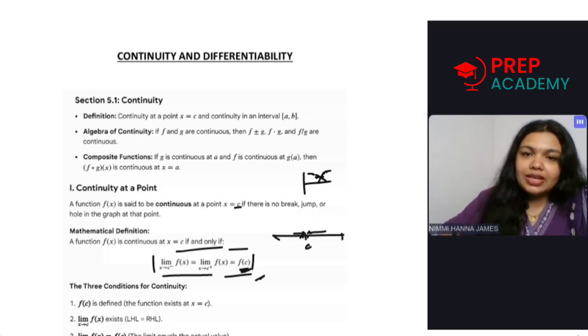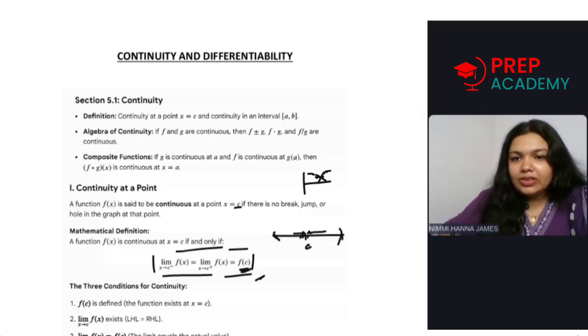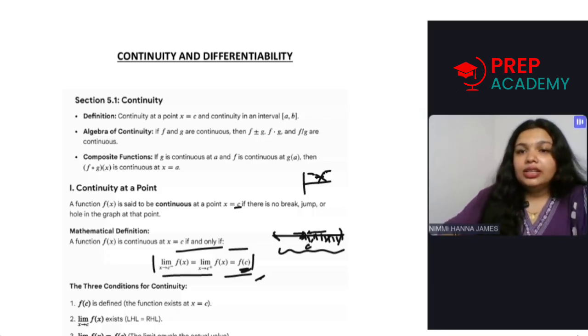If a function is continuous at every point in an interval, that is, at all the points c1, c2, c3 everywhere, then the function is said to be continuous throughout the interval.